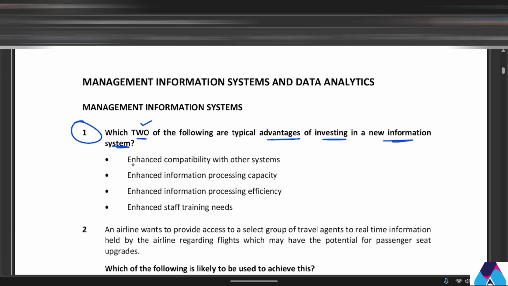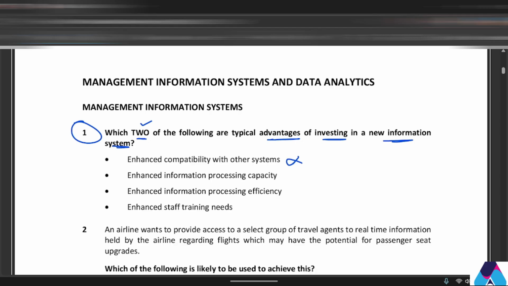Now if you look at the first option that we have, it says enhance compatibility with other systems. Now this is definitely wrong. Why? Because you know that compatibility is often a problem when implementing new system, since old and new system might not integrate that smoothly, right?